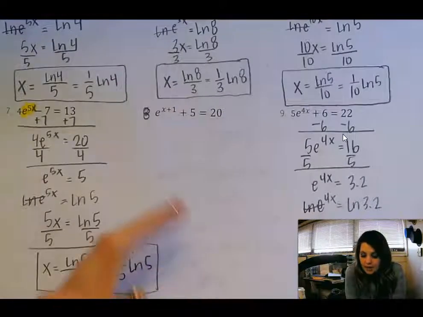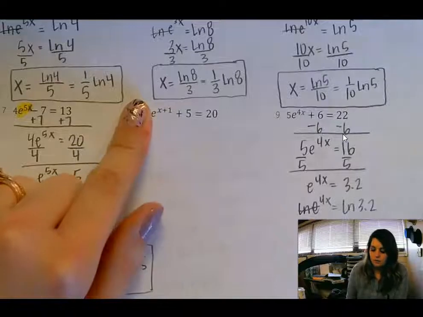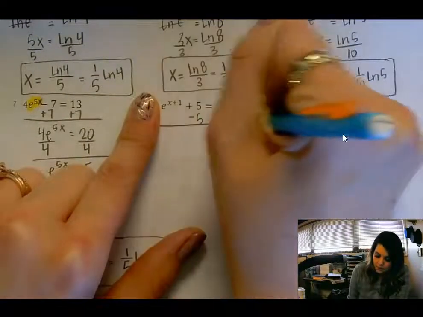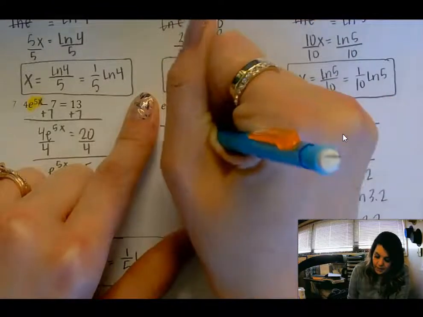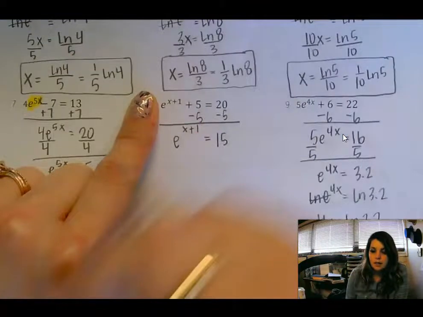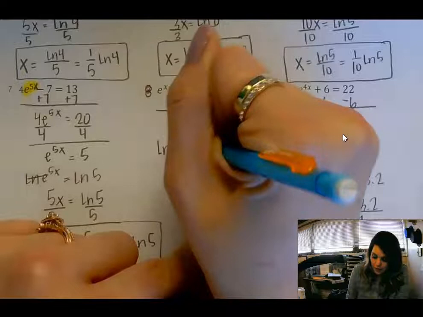So we do not have a coefficient. We have e to the x plus 1. All we have is this plus 5. So the first thing we do is subtract 5, and we get e to the x plus 1 equals 15. And at this point, we can take the natural log of both sides.